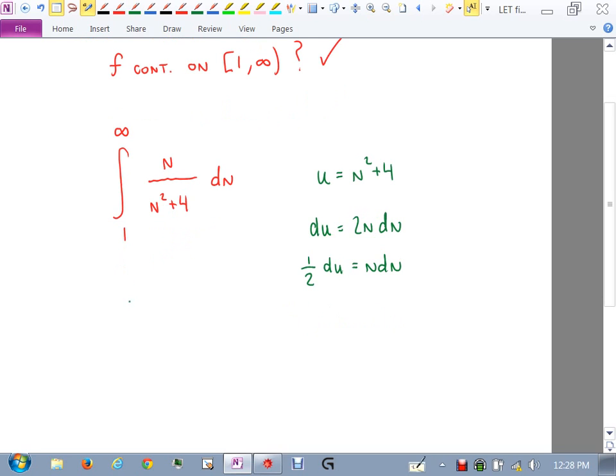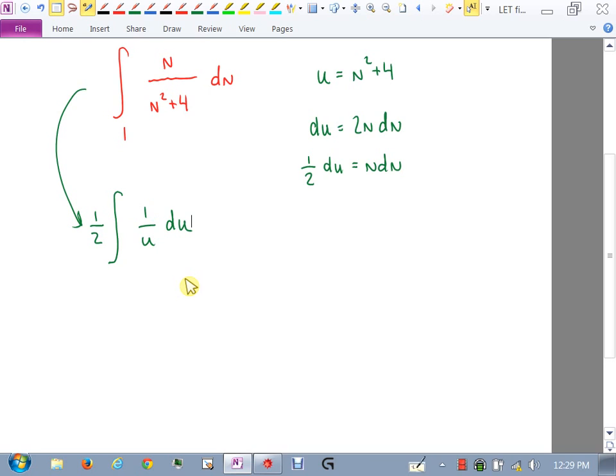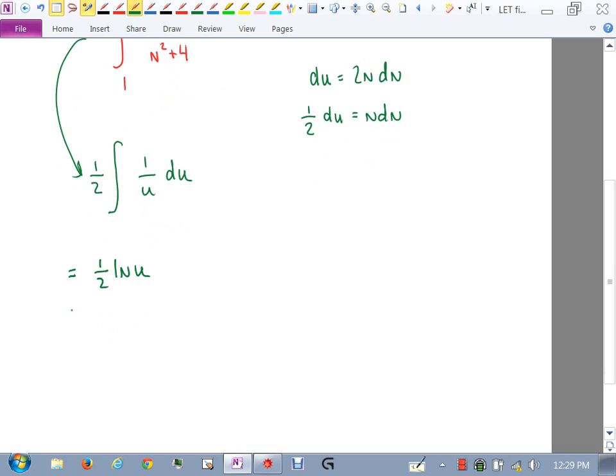How can I rewrite the integral? 1/2 came out, and then don't even worry about the integral limits. We're going to switch it back, and then I'll do the limits of integration. Because we're switching variables, the limits of integration don't always stay the same. 1 over u du. What is the antiderivative of 1 over u? Natural log, so I have 1/2 natural log u, right? Plus a constant, but I'm not worried about that because this is a definite integral.